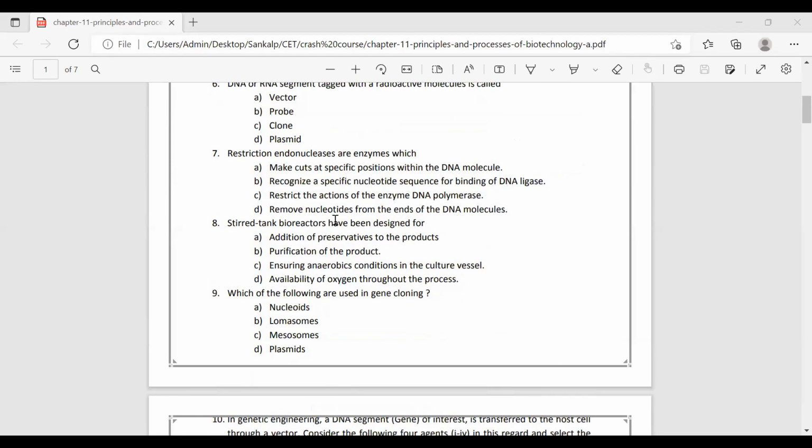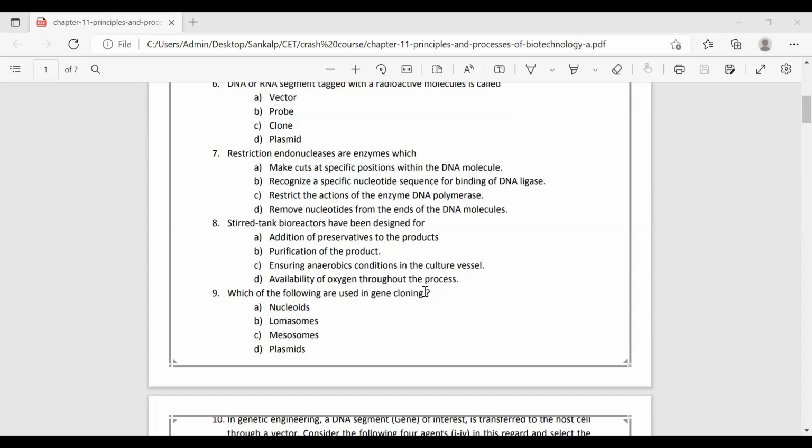Now, eighth question. Stirred tank bioreactors have been designed for: option A, addition of preservatives to the product; option B, purification of the product; option C, ensuring anaerobic condition in the culture vessel; option D, availability of oxygen throughout the process. Why do we use stirred tank bioreactors? Option D, availability of oxygen throughout the process.